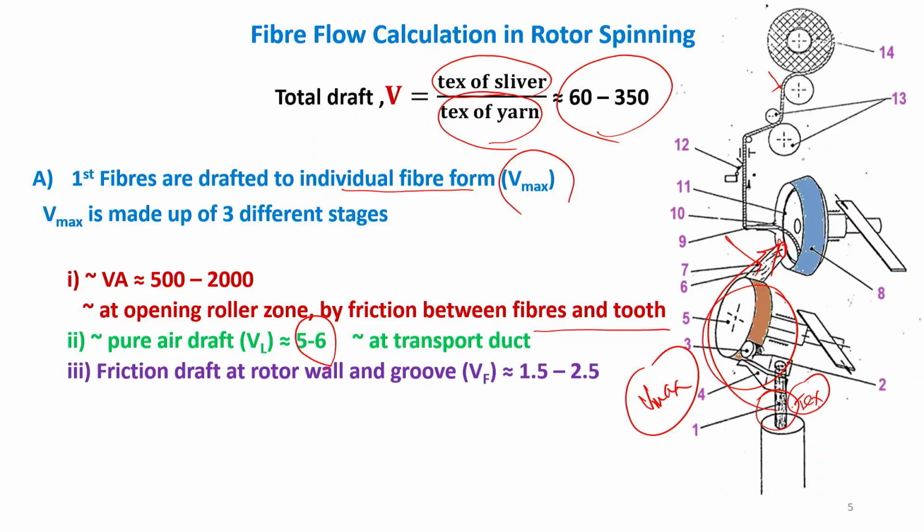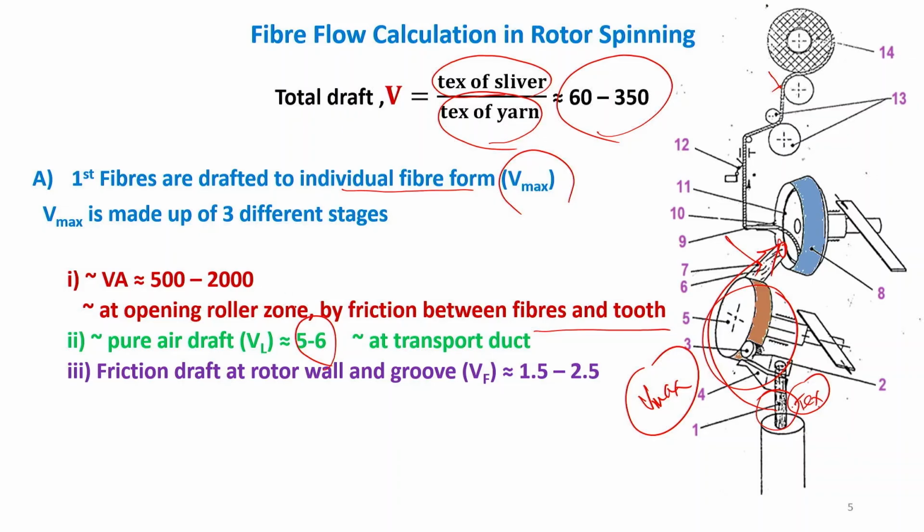Then the friction draft is at the rotor wall and rotor groove. After landing on the rotor wall, fibers slide towards the rotor groove, and during that sliding some draft takes place, called the friction draft.